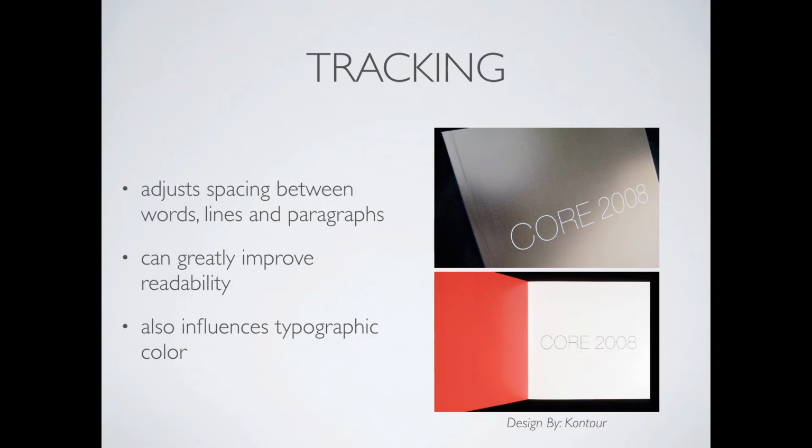It's adjusting a little bit of space in between every letter in your entire document. It's adjusting a little bit more space in between every word, every sentence, and every paragraph. And it's all proportional. So it just feels a little bit easier to read.